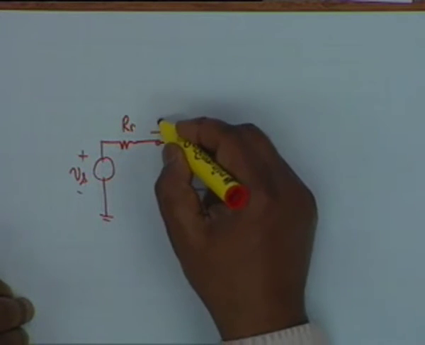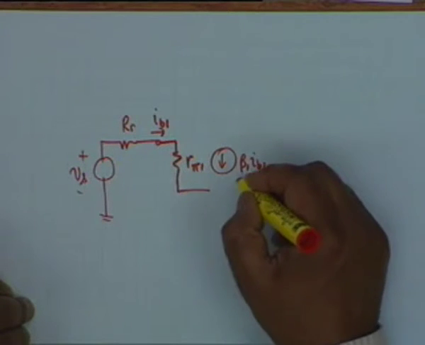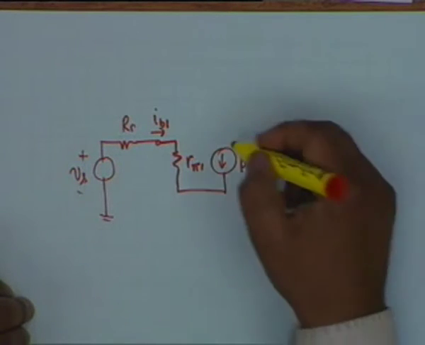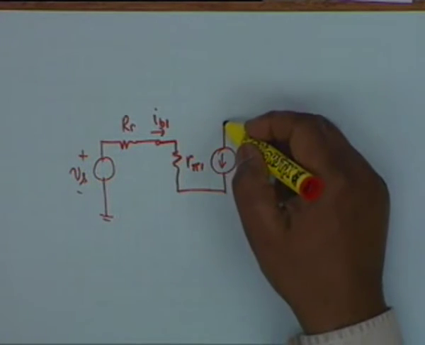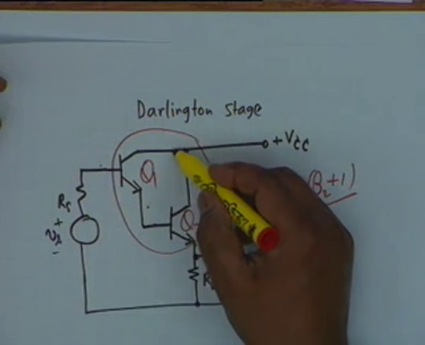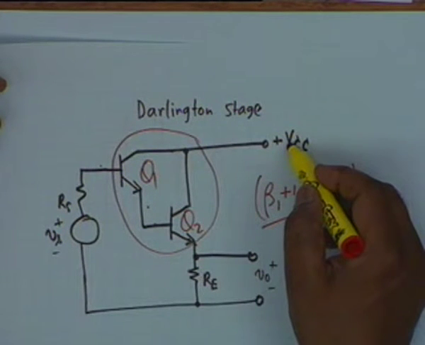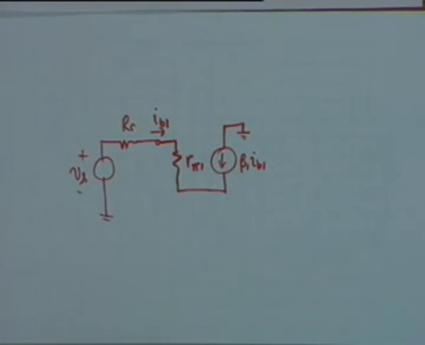If this current is IB1, I have beta 1 IB1. Where does this go? This point is the collector, and the collector is connected to VCC, therefore it is equivalent to going to ground.